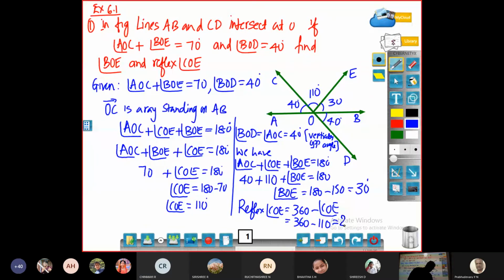You can write here 250 degrees, that is the reflex angle COE. So we have found angle BOE and COE both. BOE here is 30 degrees, and reflex angle COE is 250 degrees.